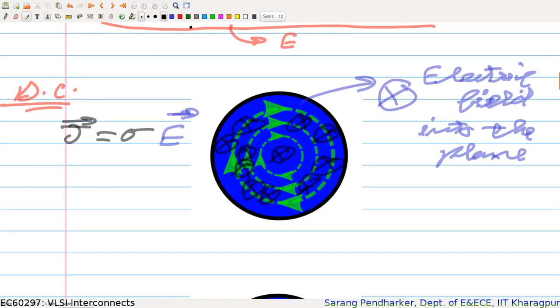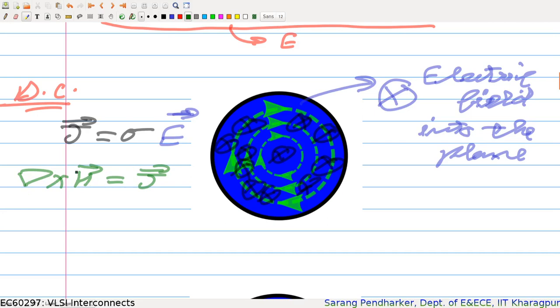Because what you have is your curl of H equal to J, plus another term with epsilon, but for the DC case that goes to 0. So for this DC case I am writing it like this, and there would be a magnetic field induced here.